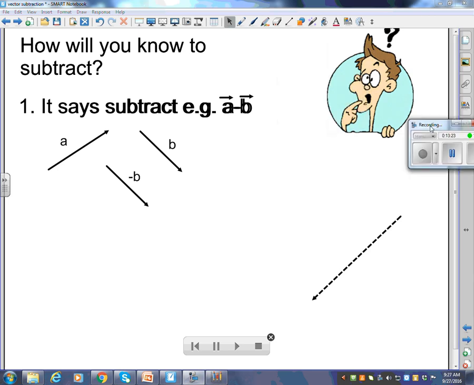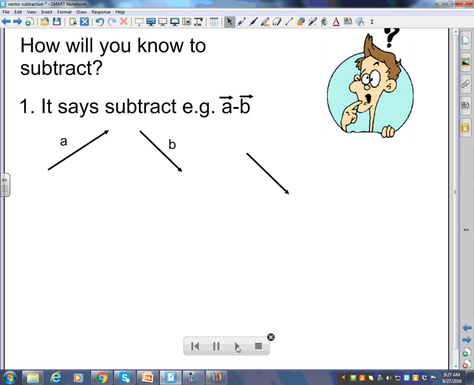How will you know to subtract? Here's the hard part. There's a couple different ways. Number one, it says subtract. If it has a subtraction sign, you should subtract. Here's A, here's B. I'm not sure I got minus B here, but that's not right, is it? Let's see what this animation's doing here.